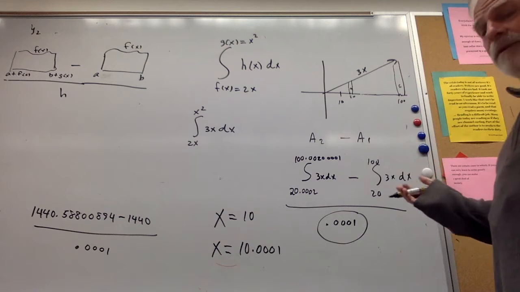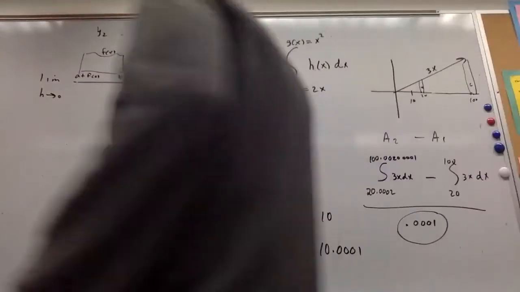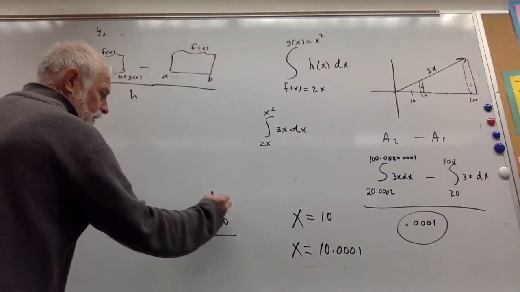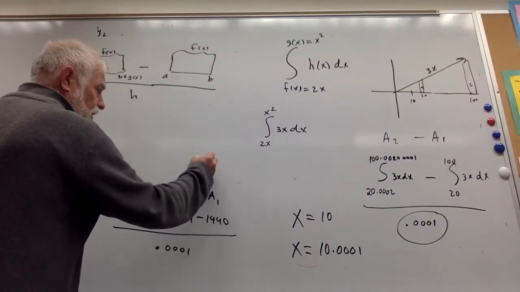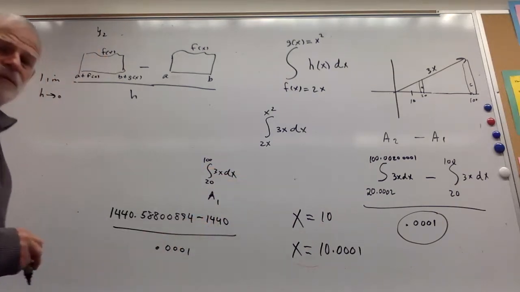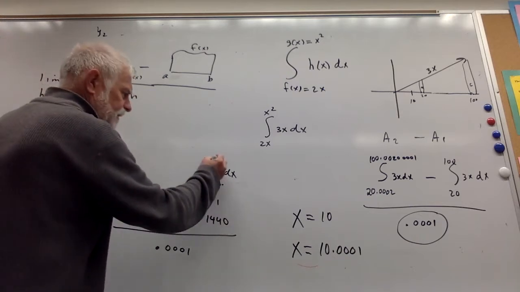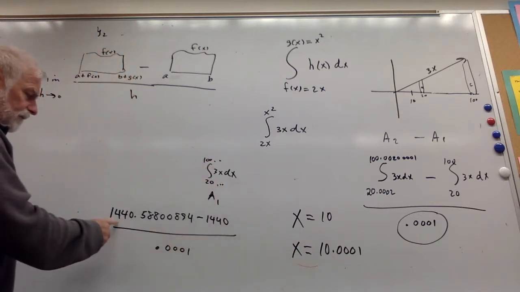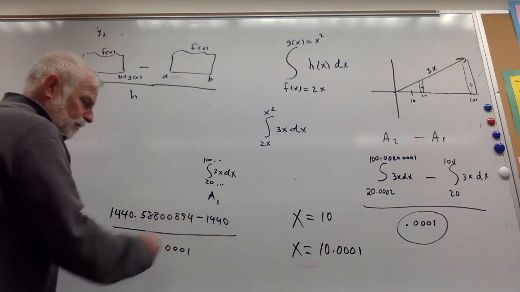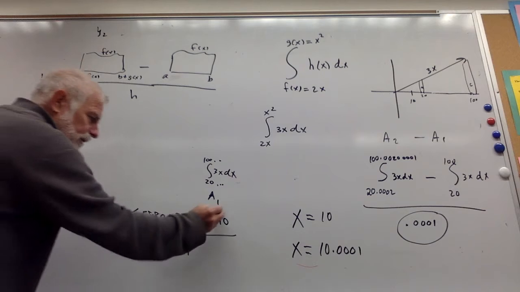I threw it in a calculator to get an approximation of what's going on. Our first area from 20 to 100 under the tripling function captured an area of 1,440 units. The next one, with all of the decimal stuff, came out to be 1,440.58800894. And now if we subtract those two areas, we can see this drops out quickly.